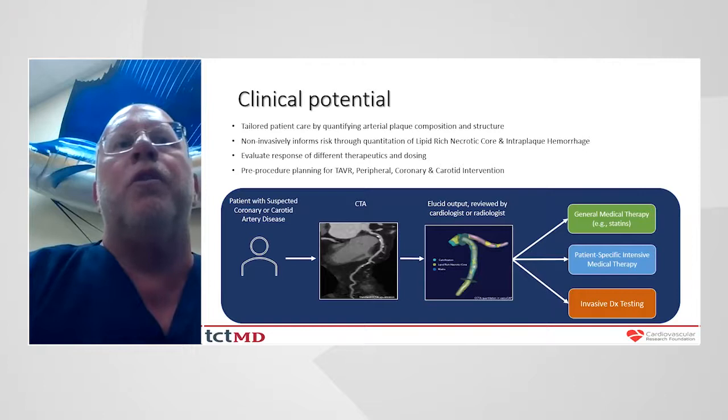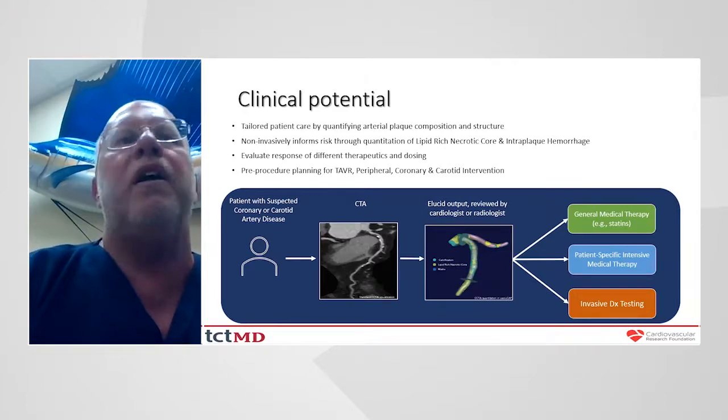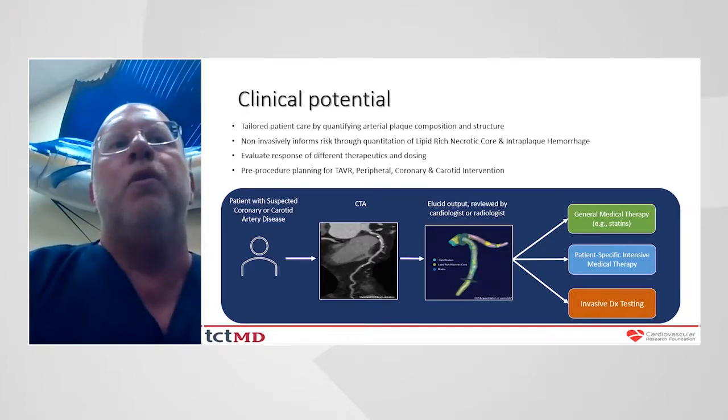The clinical potential consists in very granular, patient-centric, tailored care by quantifying arterial plaque composition and structure. So this is precision medicine. It non-invasively informs risk through quantification of the lipid-rich necrotic core and intraplaque hemorrhage. You can utilize that to evaluate the response of different therapies and dosing.